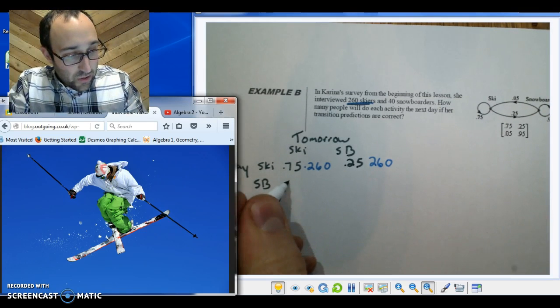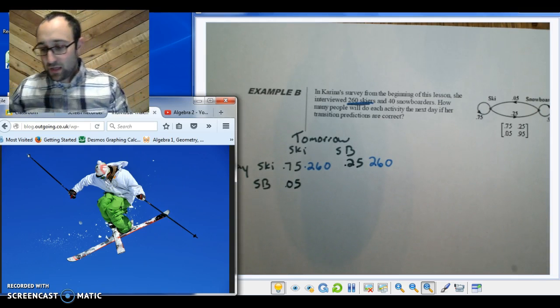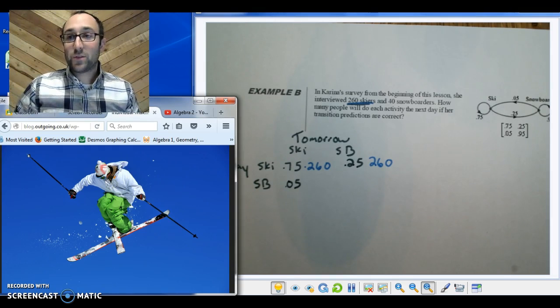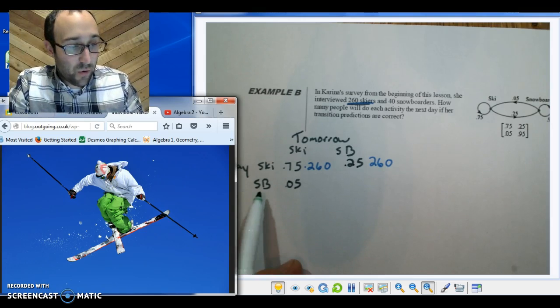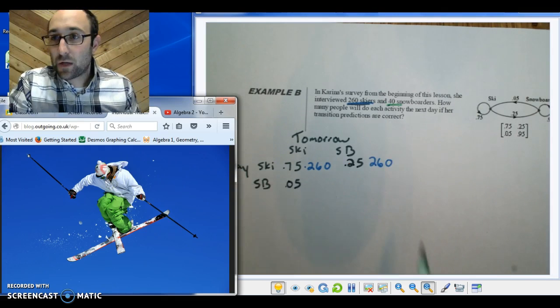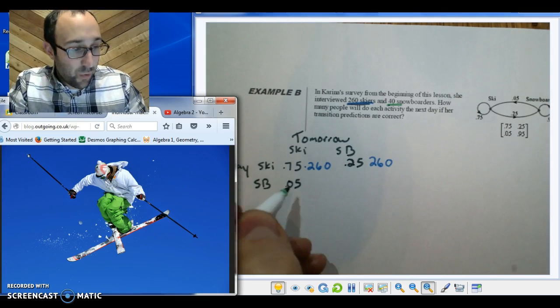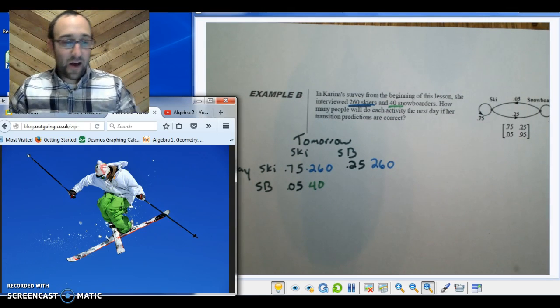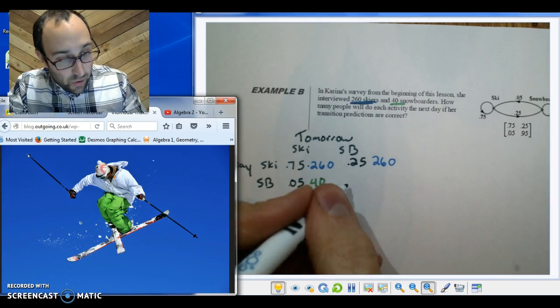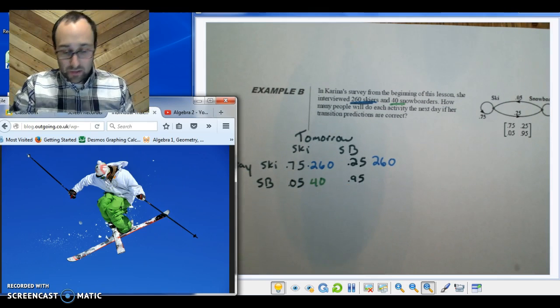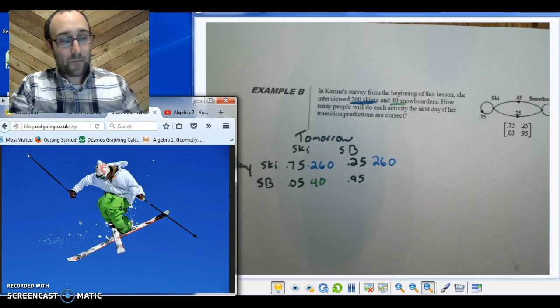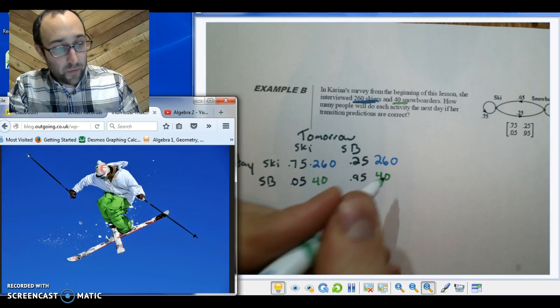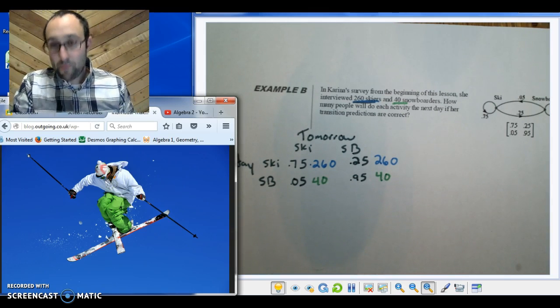So we're going to do 0.05 times, this time not 260, because we're starting off with snowboarders. How many snowboarders are there? Well, we go back up here and we say there are 40. So 0.05 times 40. And then the other one is going to be 0.95 times 40. All right. There we go. So there is our new matrix.